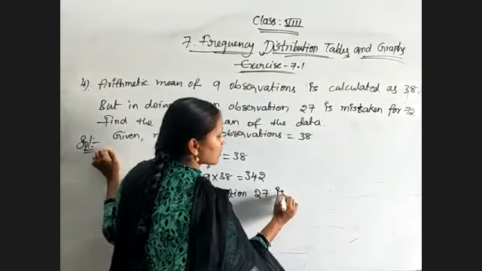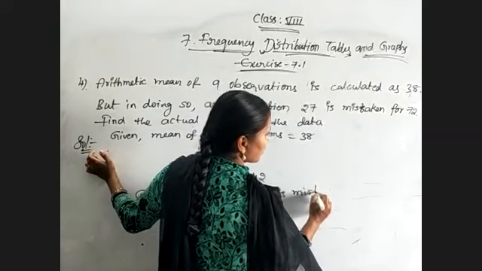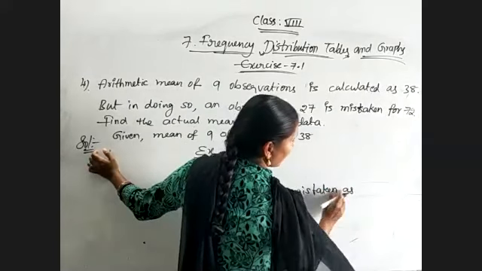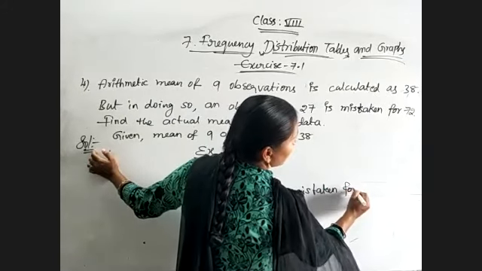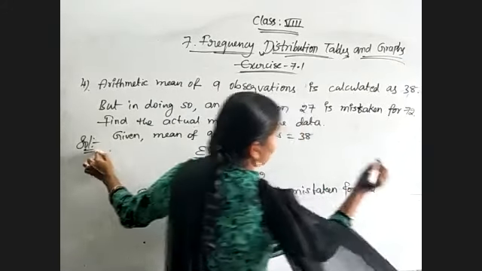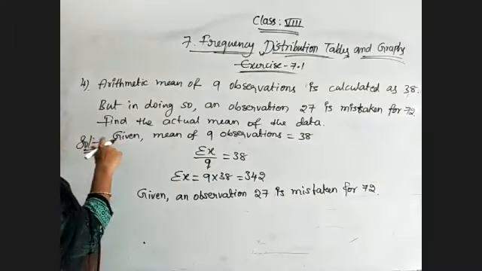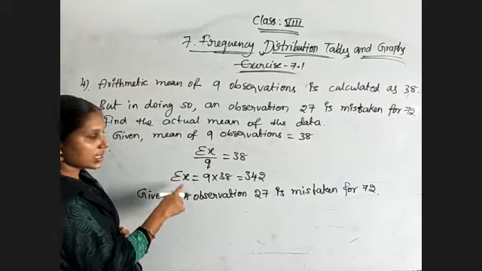So remove the wrong observation and add the correct observation, then you will get the actual sum.